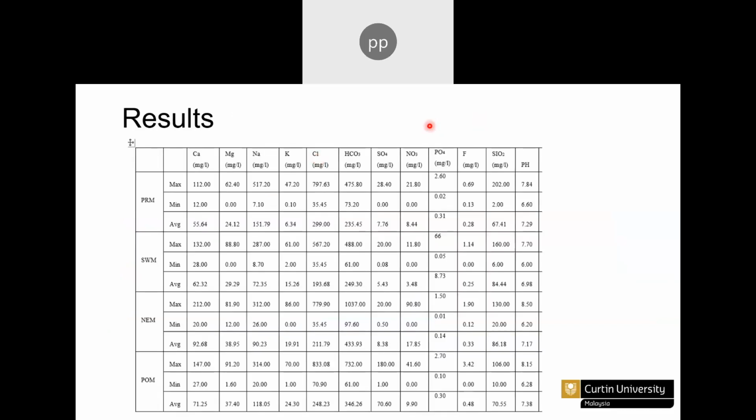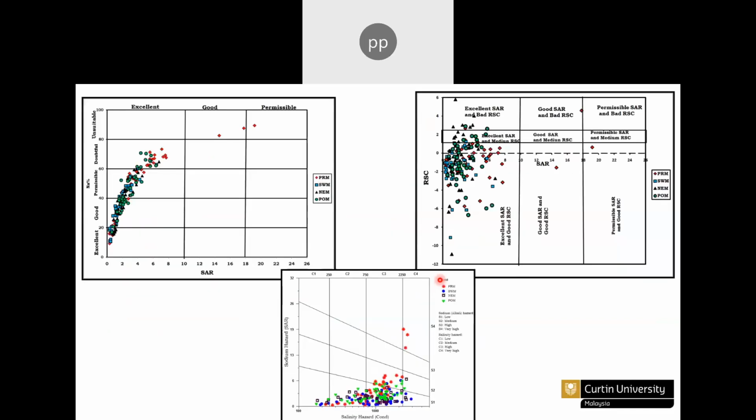And the methods I already mentioned: water quality indices, plots, GIS, and statistics. And these are the chemical results. You can see here all the parameters have been analyzed according to four seasons. And these are some of the geochemical plots. This is for SAR versus sodium. You can see the plotting of the samples.